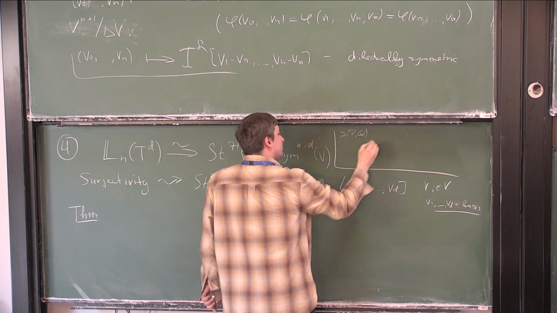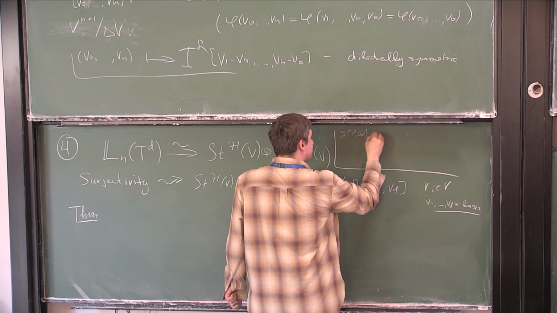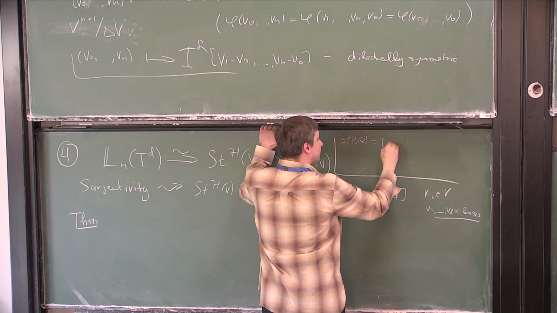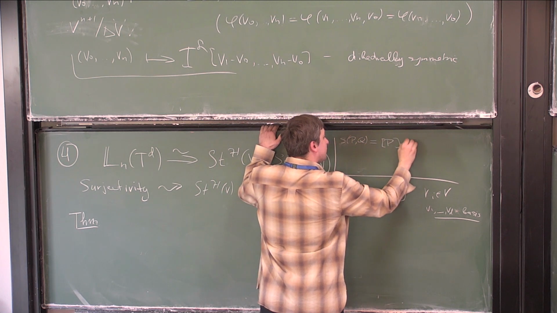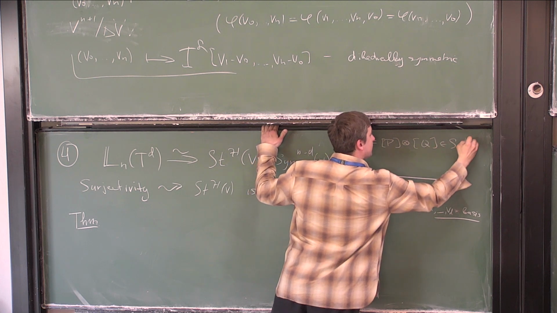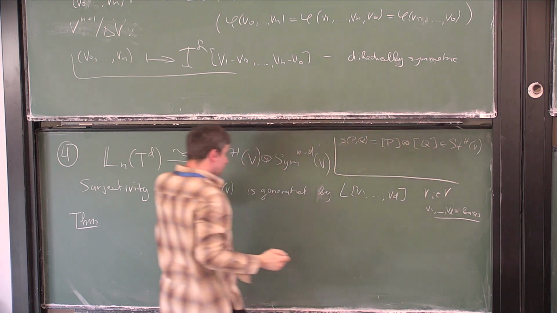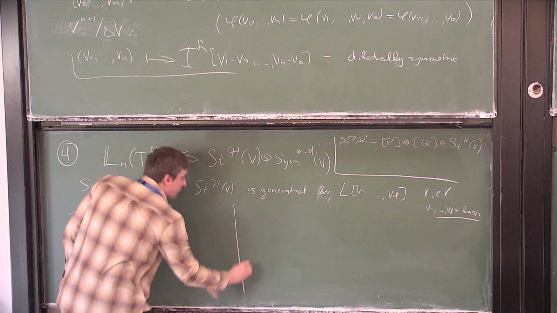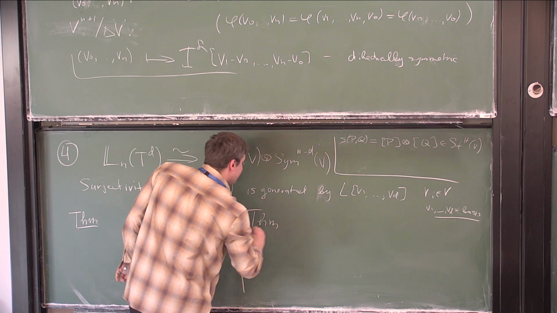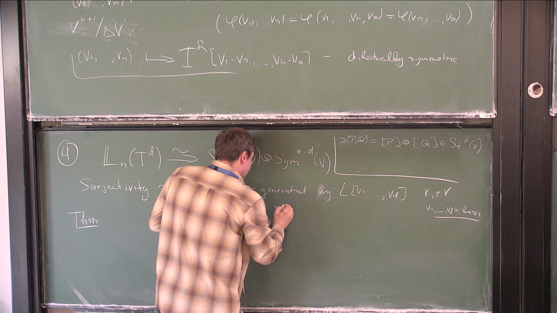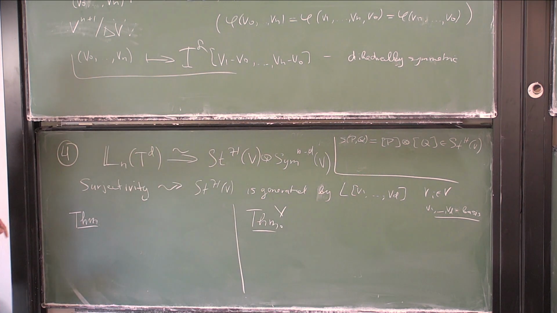I haven't defined this notation yet, but I will just call S of a pair of simplices the product of the corresponding apartments in Steinberg H. So I'll formulate two theorems and then I'll draw some pictures and hopefully you'll be convinced that they're true. There will be a theorem and a theorem dual.